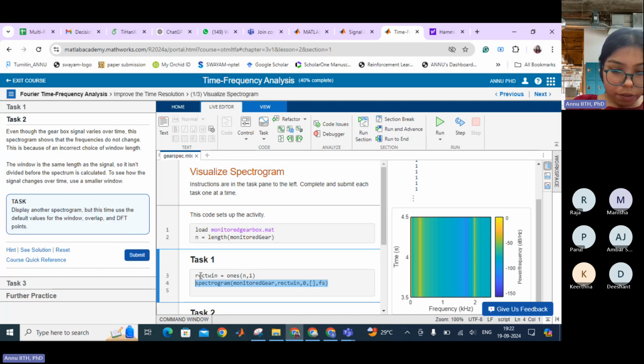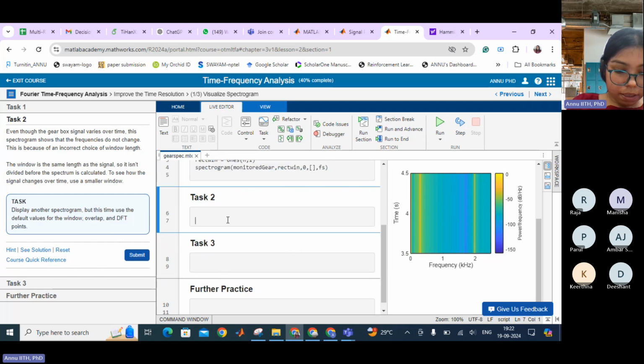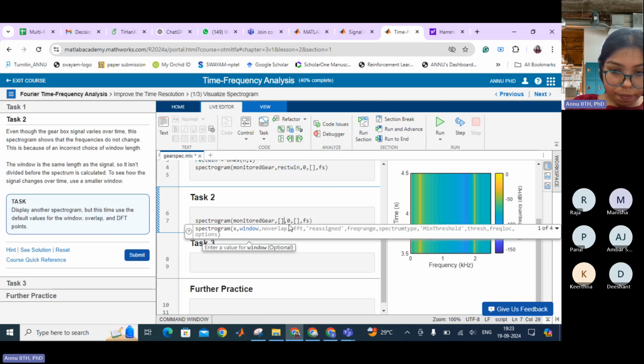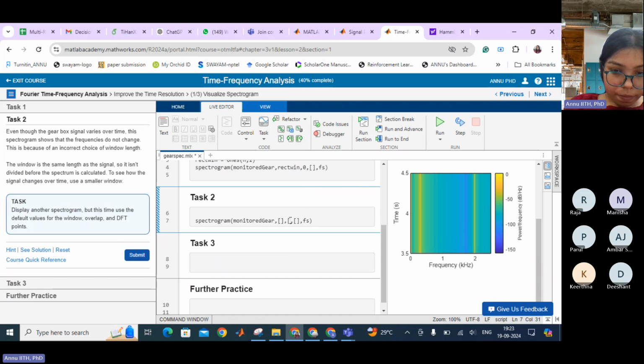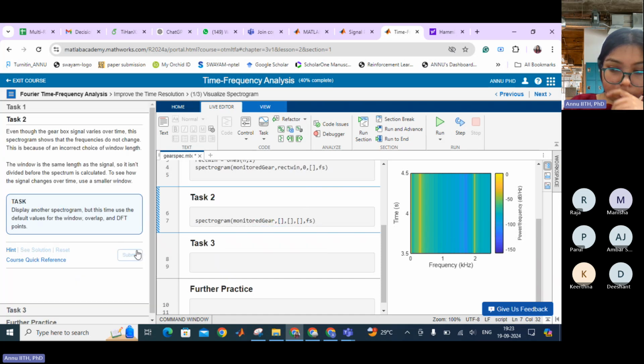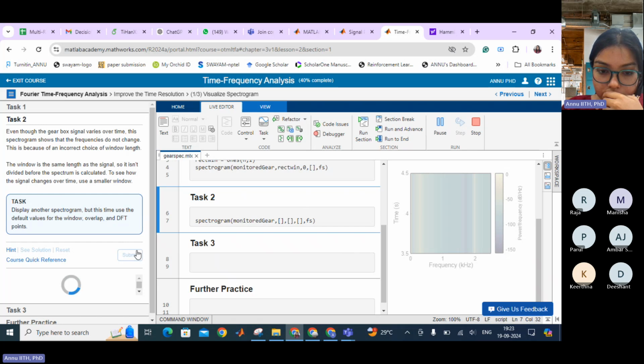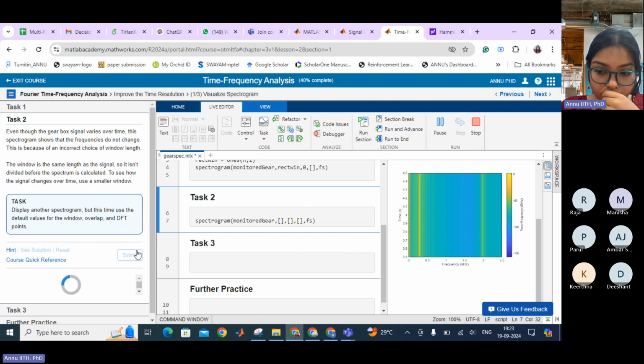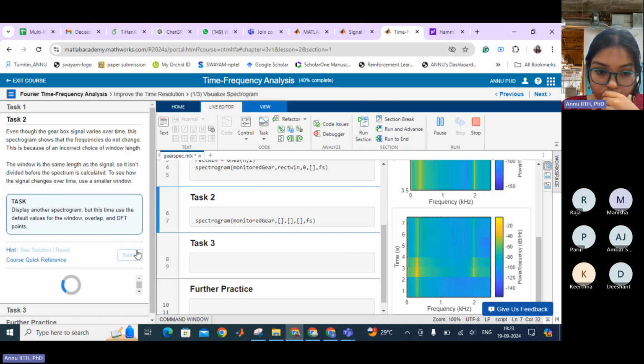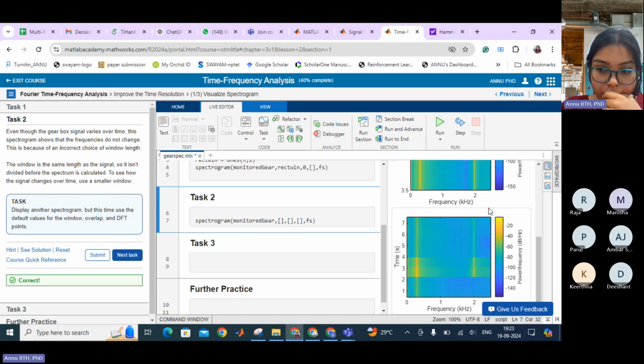So for default values, we just have to keep them. So this is better than before.